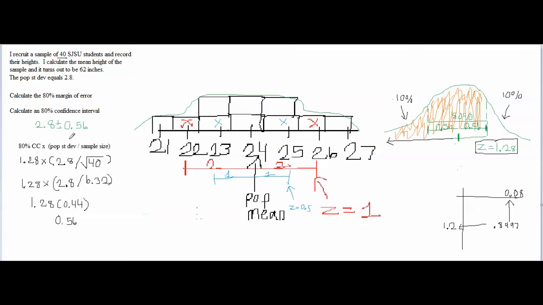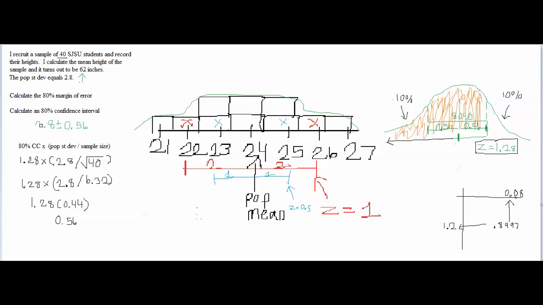And the confidence interval would include the population mean as long as our sample that we selected with the mean of 2.8, with the mean of 62, is one of the middle 80%.